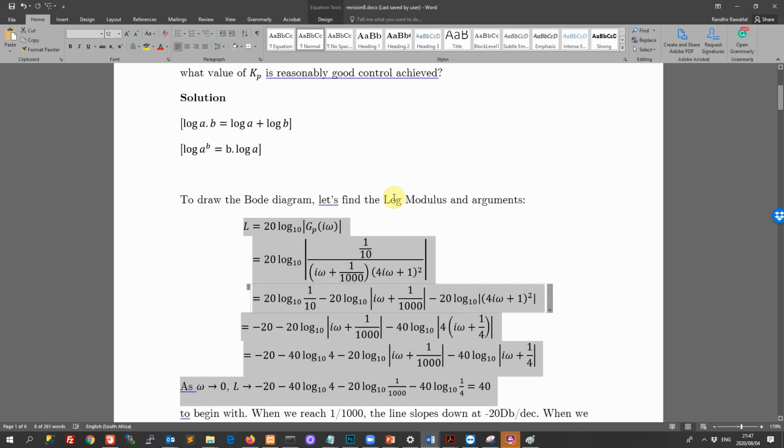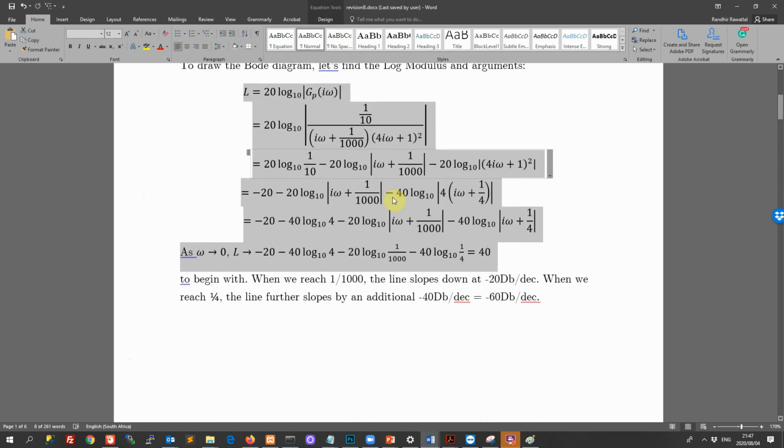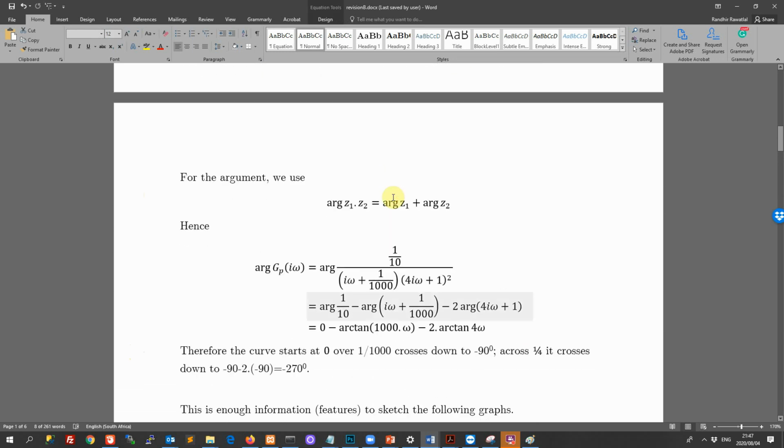We also need the angle, and to develop the angle, we use this property. So the argument of the product of two complex numbers is simply the sum of the arguments. And we did show, not quite a proof, but we showed why that was true in the previous revision session as well.